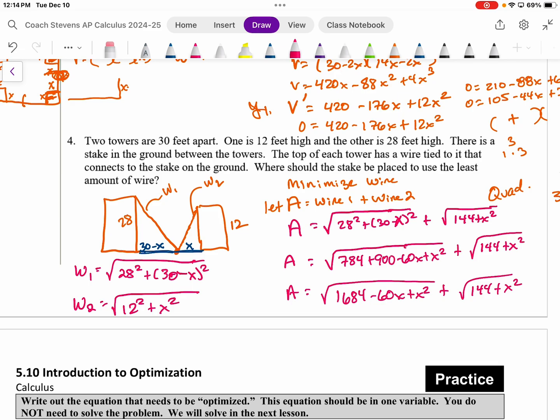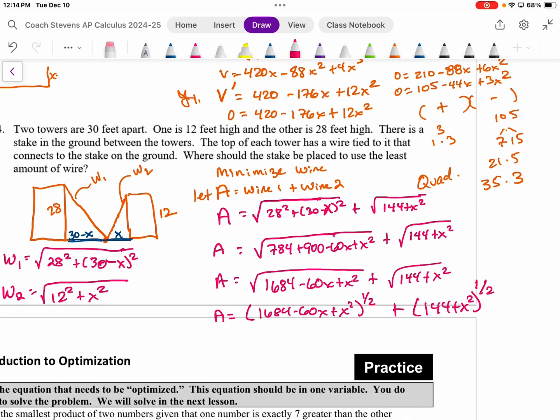And again, it may help you to rewrite it with the 1/2 power. So I'm going to rewrite it with the 1/2 power. 1684 minus 60x plus x squared, all to the 1/2, and then plus 144 plus x squared to the 1/2.